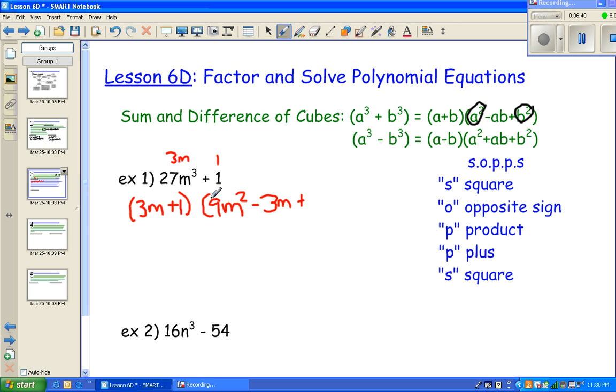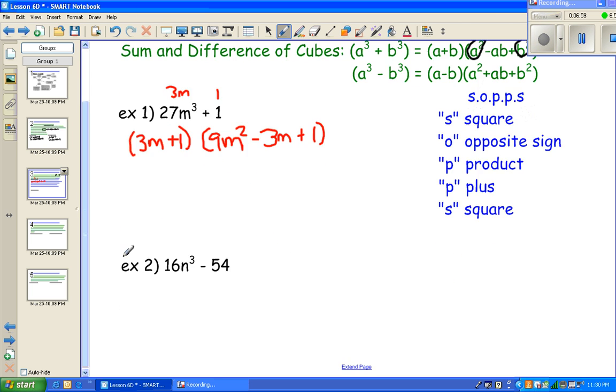This guy is always a plus, and then you're going to square that last term, which is 1. Okay? So this, 3m plus 1, is completely factored. And then what you're left with here, as long as you get the GCF out ahead of time, is not going to factor.